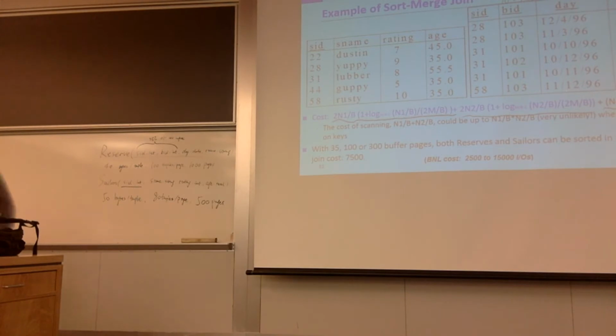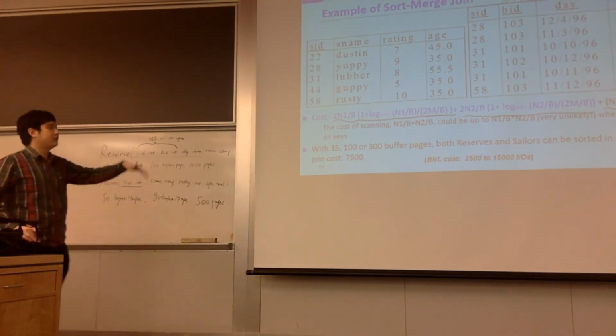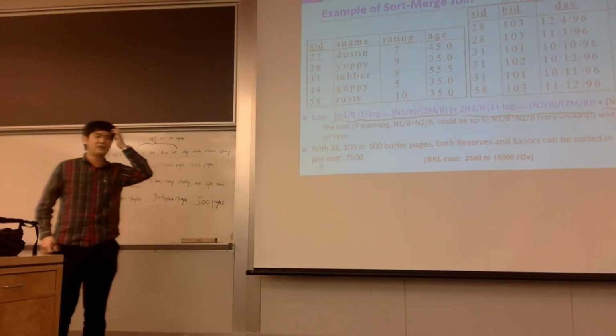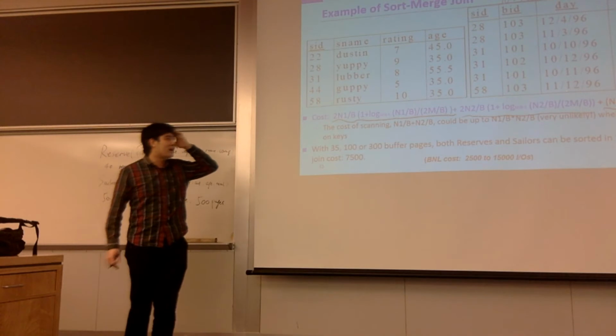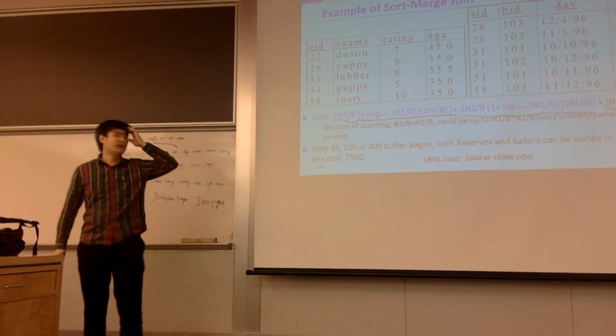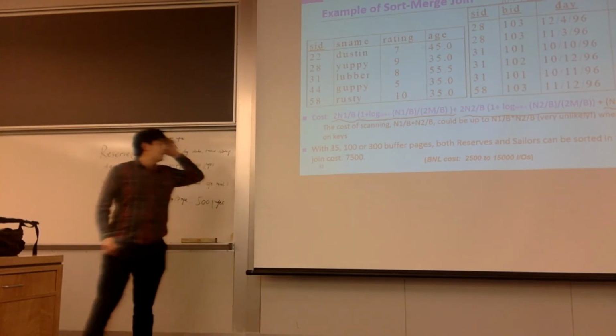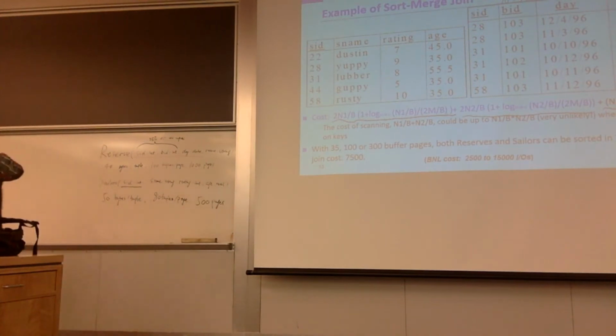Then with either 35, 100, or 300 buffer pages in your buffer pool, you still need 2 passes for both tables. So the number of passes is going to be 2, and if you plug in all the numbers, you end up with a join cost of 7,500 IOs.